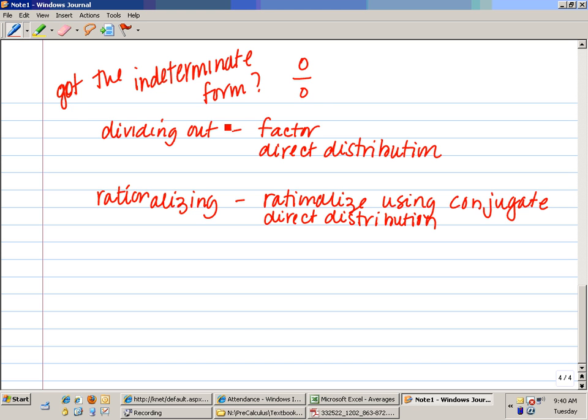So if you got the indeterminate form of 0 over 0, these are the two you use. Dividing out, which you factor and use direct distribution, and rationalizing, you rationalize using the conjugate and direct distribution. So that's what we have on tap.